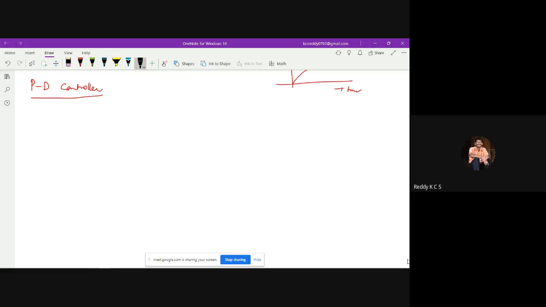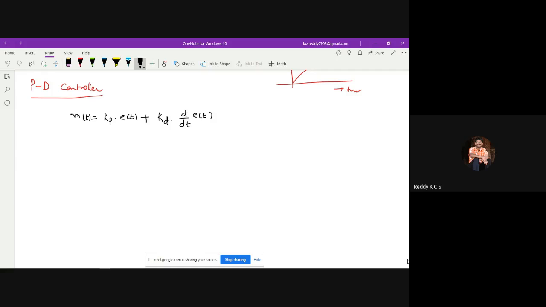For a proportional plus derivative controller, you can write M of t. Proportional is Kp into E of t, and the derivative controller is Kd into d by dt of E of t.